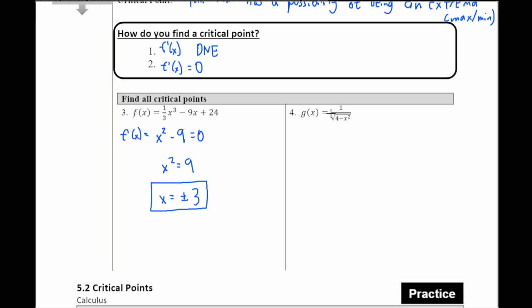Question 4 here. We have to find the derivative, but first we can rewrite this as parentheses 4 minus x squared to the -1/2 power.